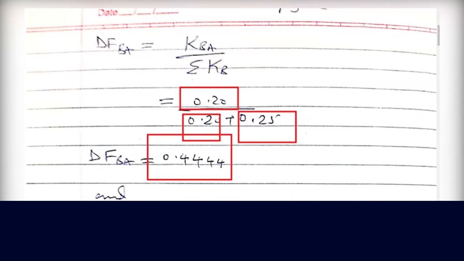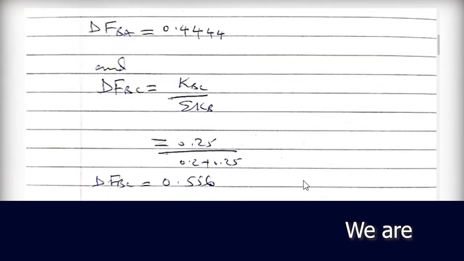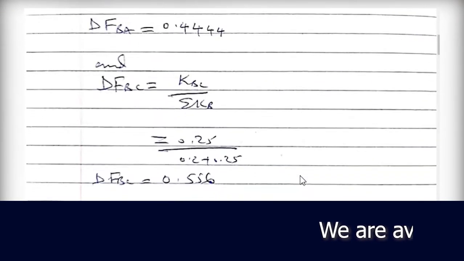The same applies for the right hand side, meaning the beam from support B to C. The distribution factor should be the ratio of KBC over the summation of K at support B. So we repeat the same procedure for the right hand side.